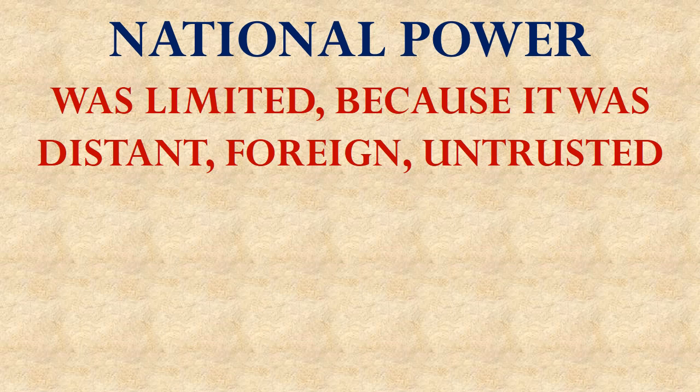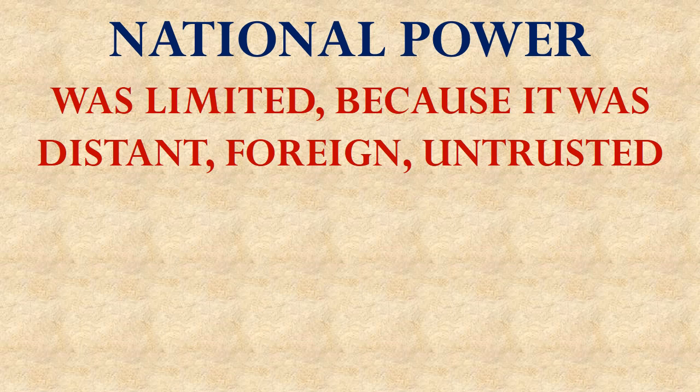So, national power was very limited. And the reason it was limited, as we've discussed in a previous lesson, is because the national government was distant, foreign. It was not trusted by the people. Yes, they recognized that there was some necessity in creating one to allow the states to cooperate together, but they didn't like the idea of some new Congress they had created, full of representatives from other states, telling them what to do in their state.